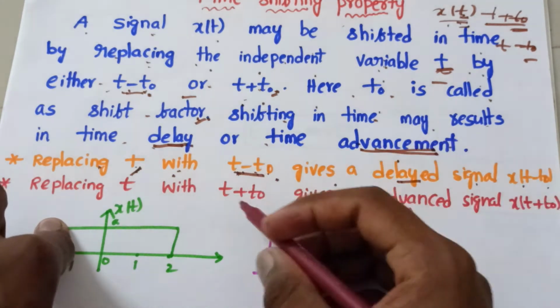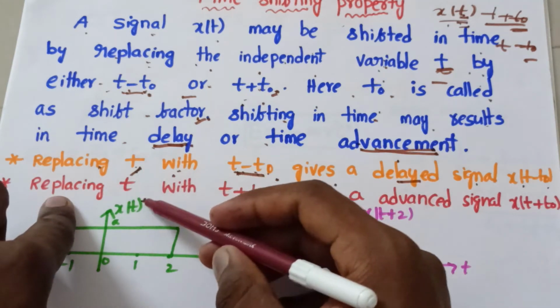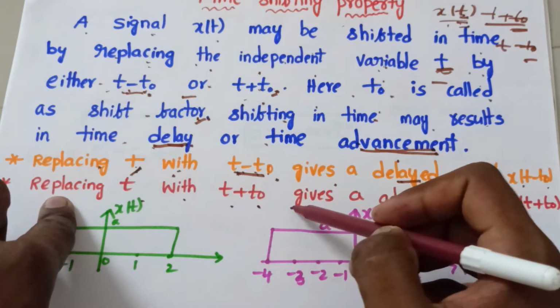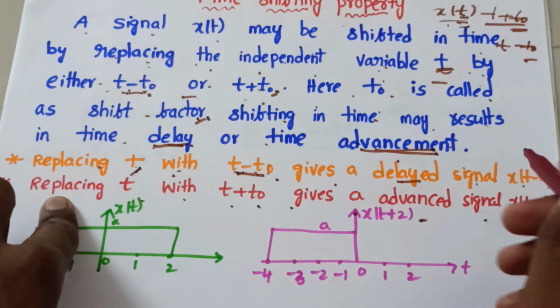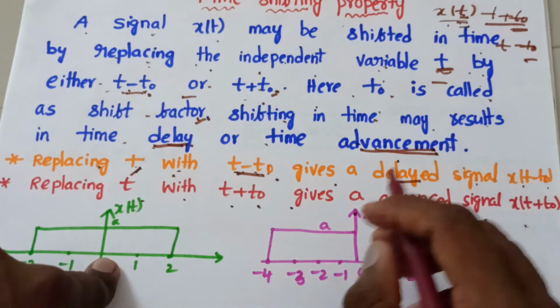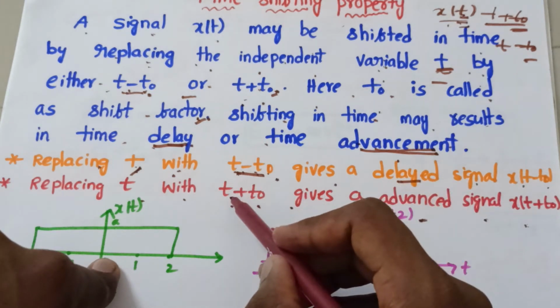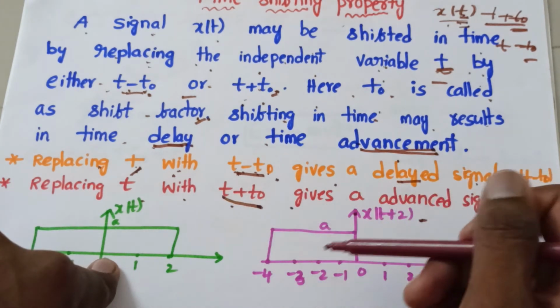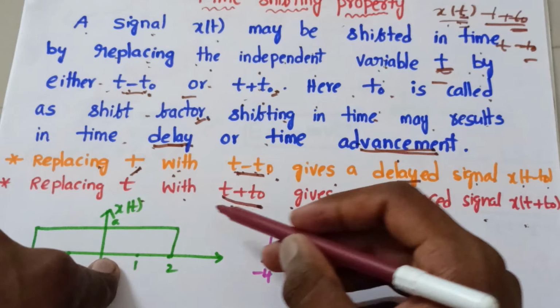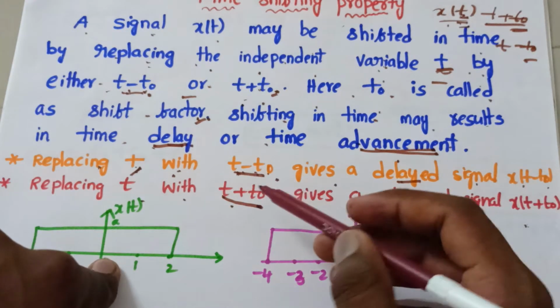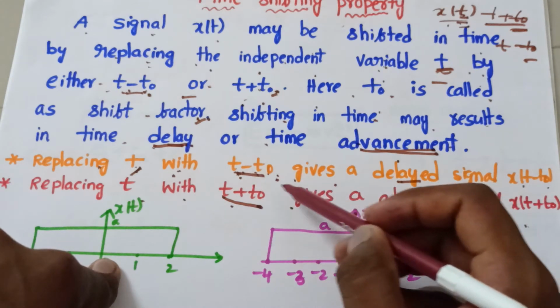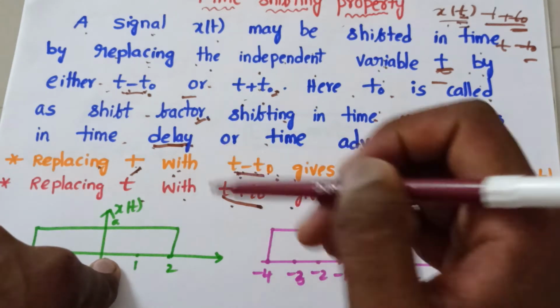Next, replacing t with t plus t naught gives an advanced signal, that is x of t plus t naught. If you want to shift the signal in advance, then we need to replace t with t plus t naught, and if you want to delay the signal, then we need to replace t with t minus t naught.